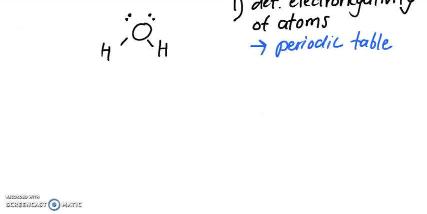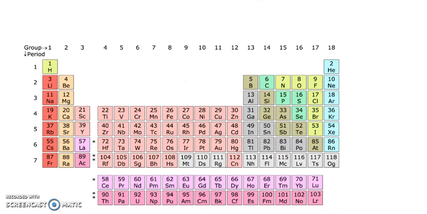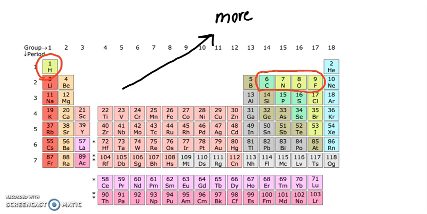So let's go to our periodic table. The only elements we're concerned with are these guys, and then just this hydrogen over here. The general trend for electronegativity is the further up and right you go, the more electronegative you are. And the further down to the left, this is less electronegative.